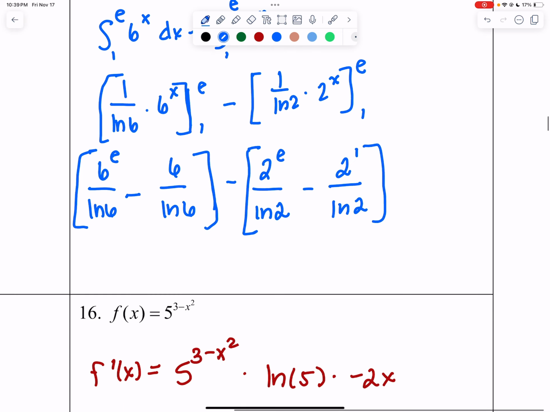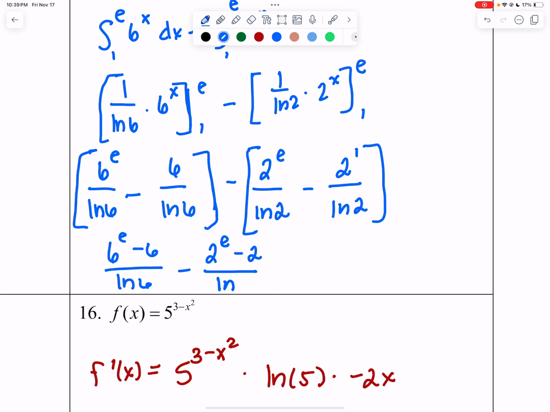Now, if you wanted to make this prettier, you can. So I have 6 to the e minus 6 over ln of 6 minus 2 to the e minus 2 over ln of 2. That's your final answer for your definite integral.